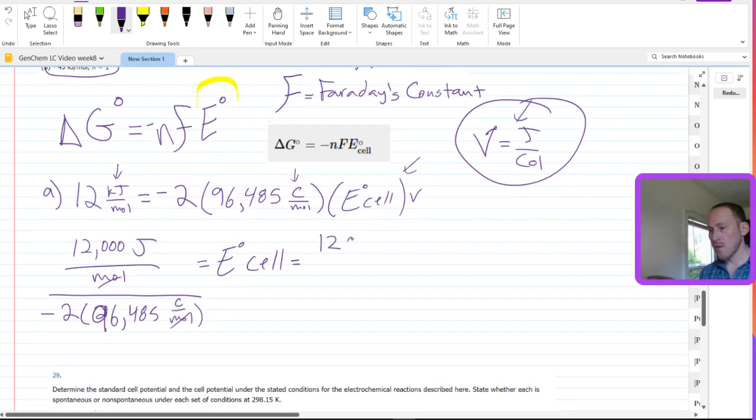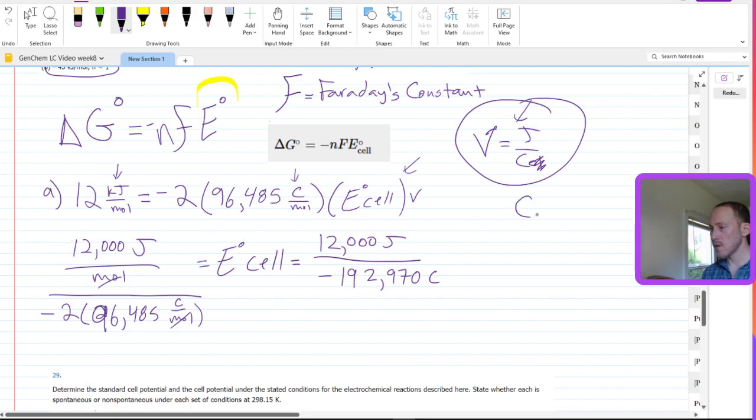We have 12,000 joules over negative 192,970 coulombs. And again, joules per coulomb.